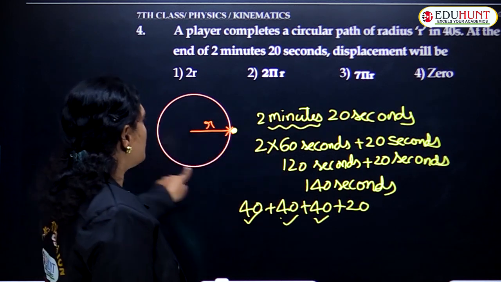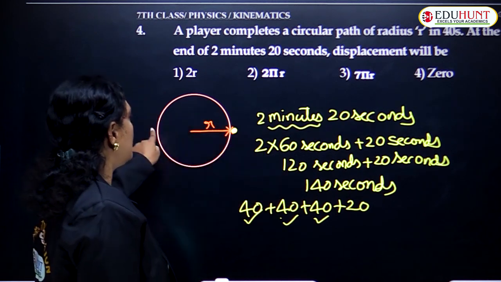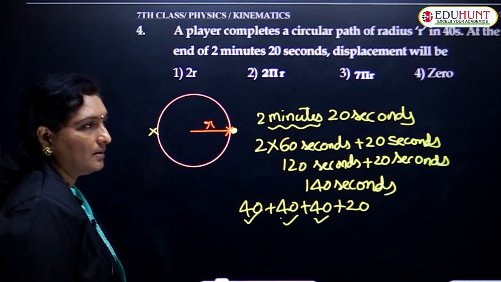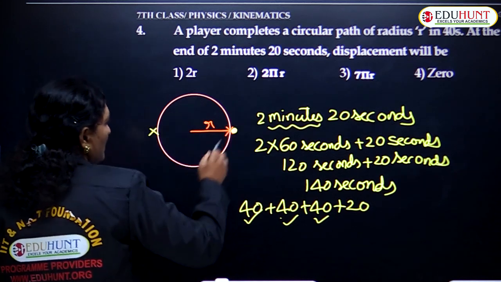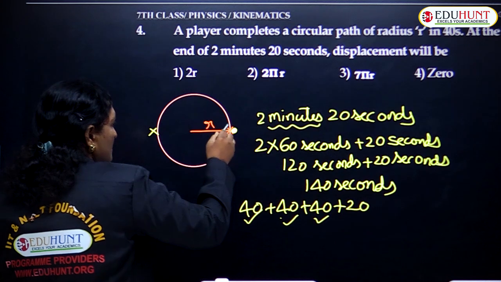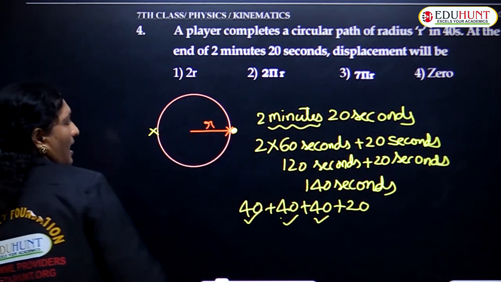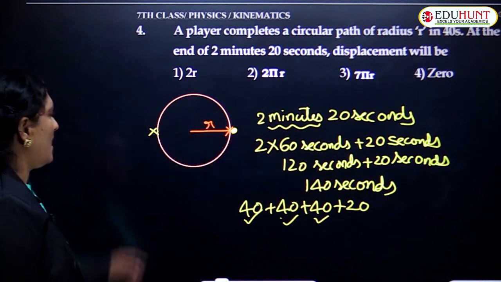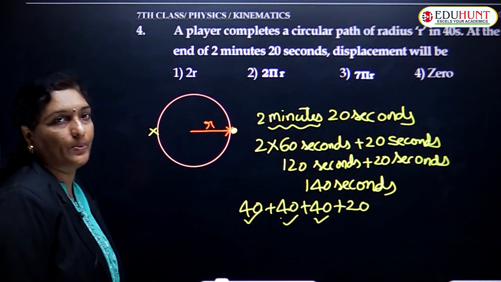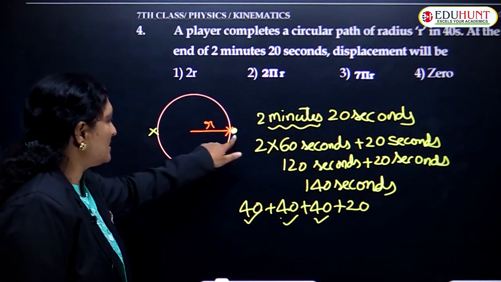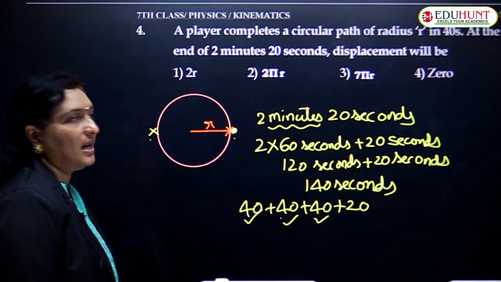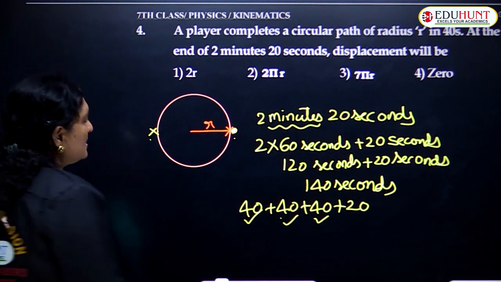So 40 seconds means full revolution. 20 seconds means half revolution. That means after completing 3 rounds, it reaches the other position, diagrammatically the opposite direction. So this was the initial position and this will be the final position. So what would be the displacement, children?